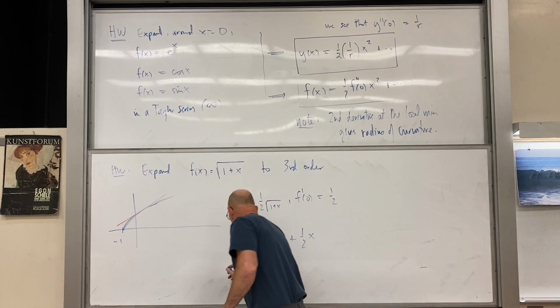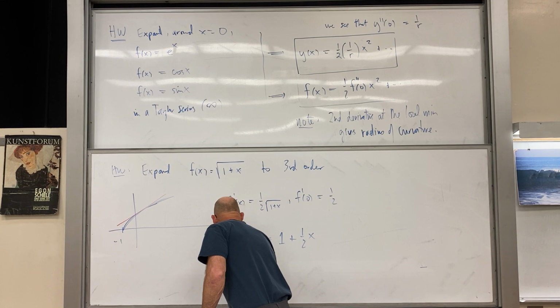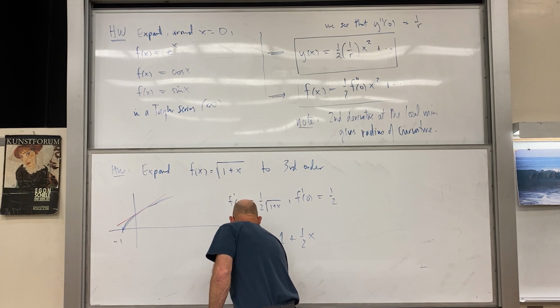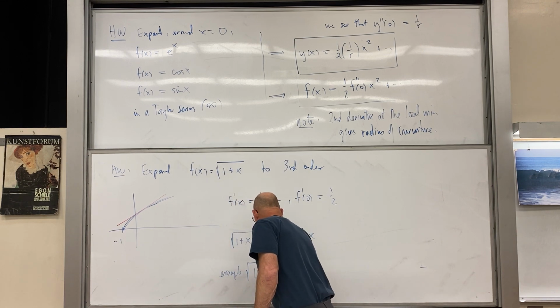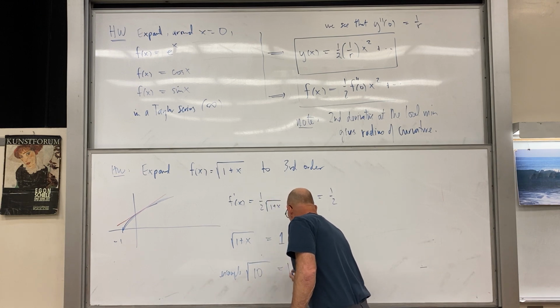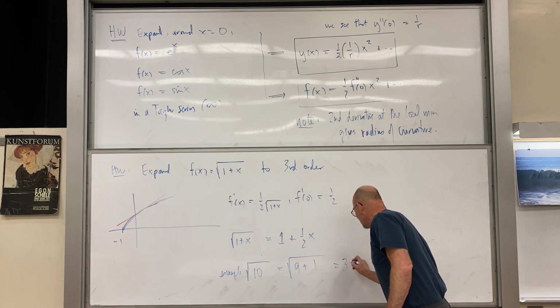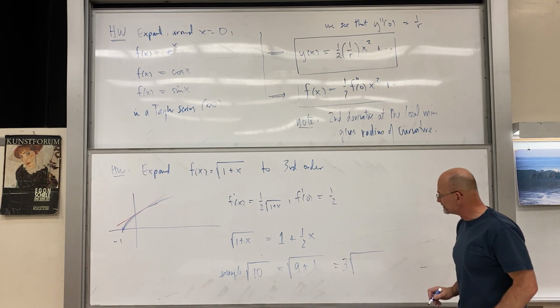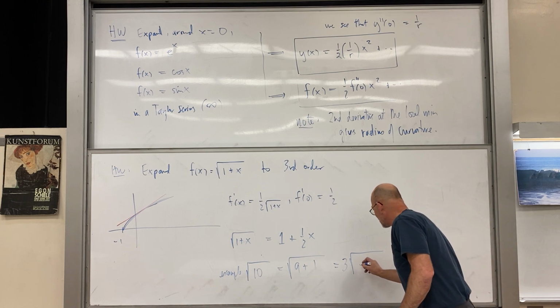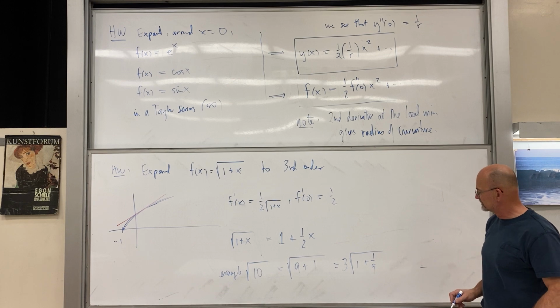So I'm just going to end with this example. The square root of 10 is equal to the square root of 9 plus 1 is equal to 3 square roots of 1 plus 1/9, right?